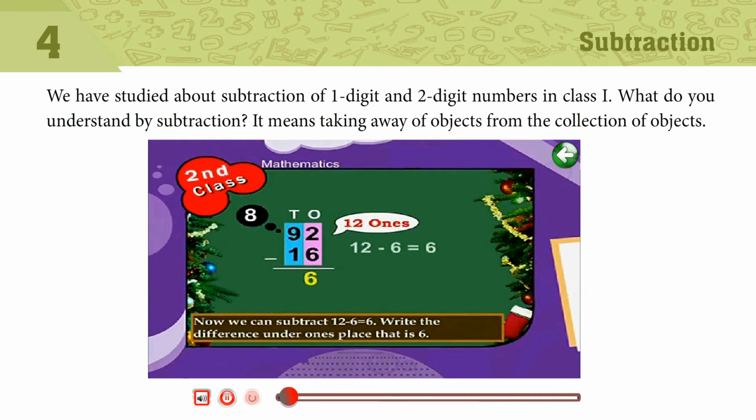Write the difference under ones place, that is 6. Now subtract 1 from 8 in tens place. We get 7. Write 7 in tens place. Hence, difference of 92 minus 16 is equal to 76.